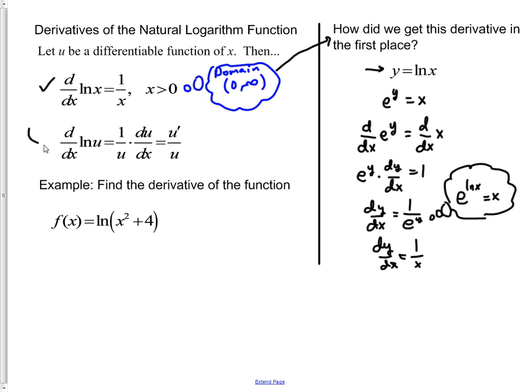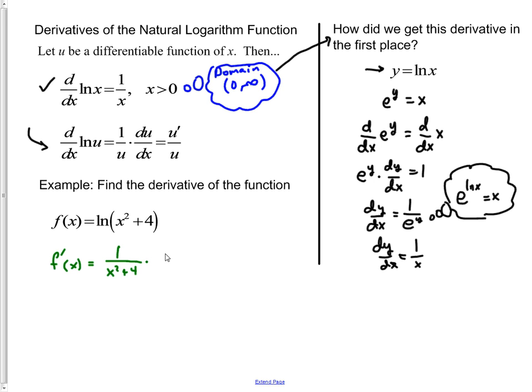All right, so what about this rule down here? What does it say? Well, we've got f of x is equal to the natural log of x squared plus 4. So by this rule, very easily, what we're going to say is that the derivative of f of x is going to be equal to, let's see, u is taking the place of x squared plus 4. So we're going to take 1 over u to be 1 over x squared plus 4.